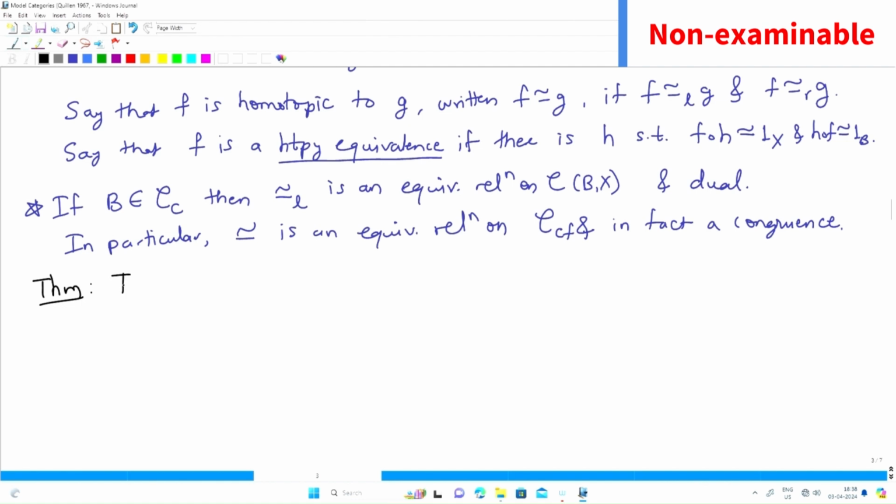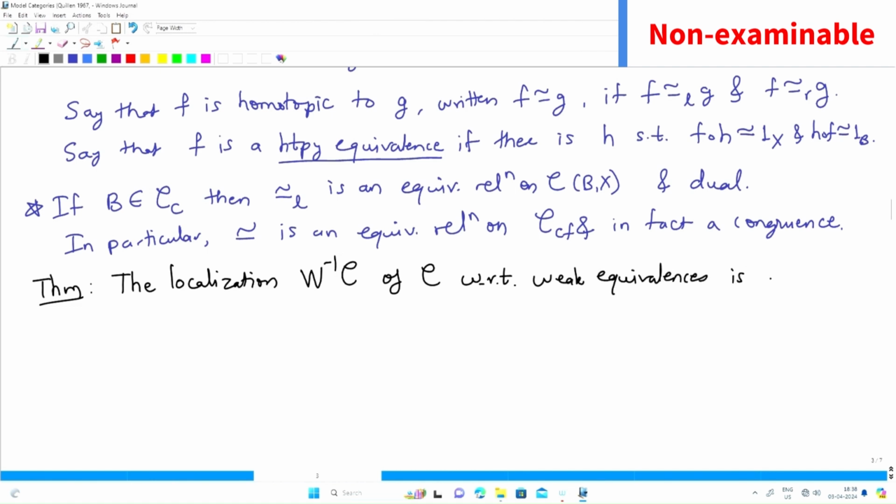So the localization W inverse C of C with respect to weak equivalences is equivalent to the quotient category CCF modulo homotopy equivalence.